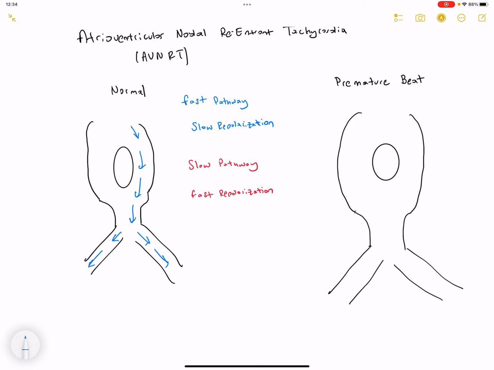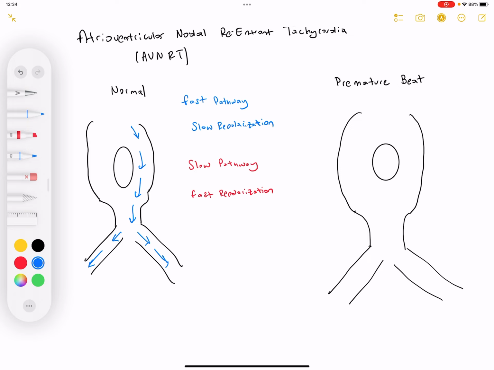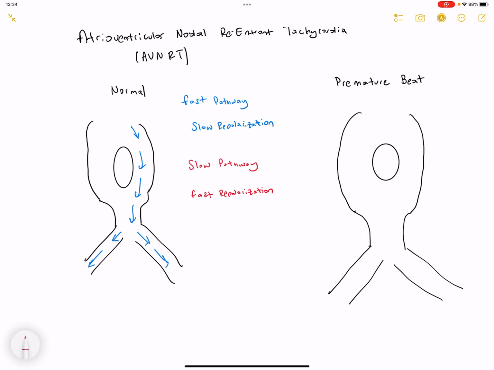Now remember that the slow pathway is going to have fast repolarization, and the fast pathway is going to have slow repolarization. And this basically means that when the cells carry these signals, they're going to repolarize, and when they repolarize, they're not going to be able to be stimulated again, because during repolarization they can't carry any signals.